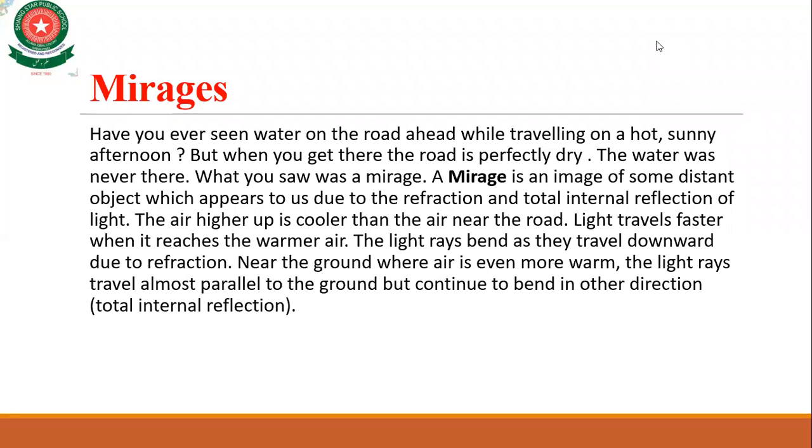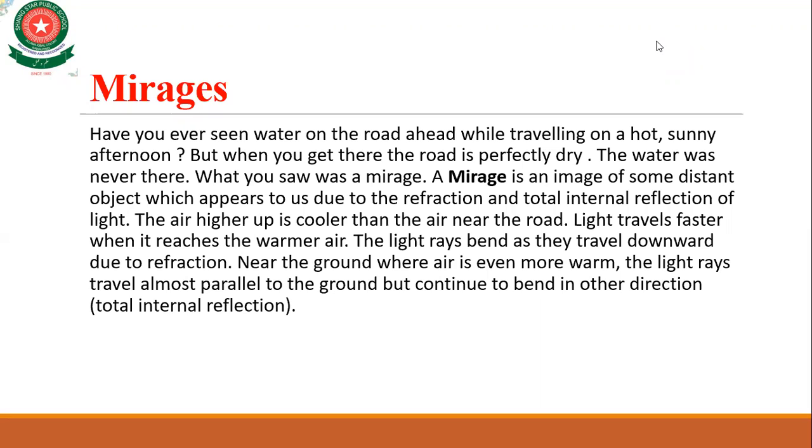Now the question arises: what is a mirage? A mirage is an image of some distant object which appears to us due to the refraction and total internal reflection of light.